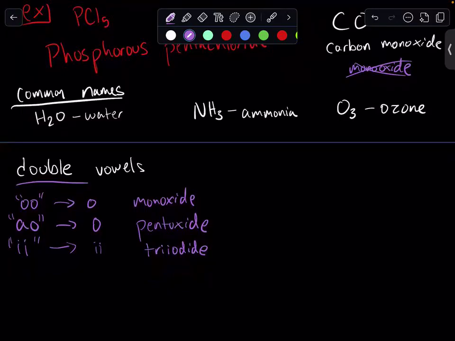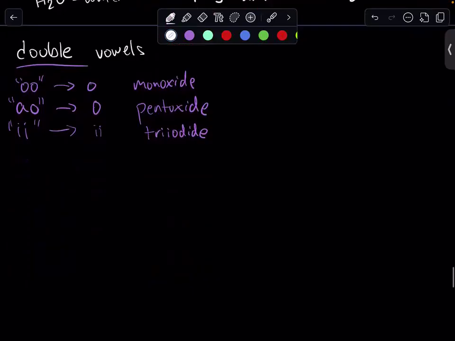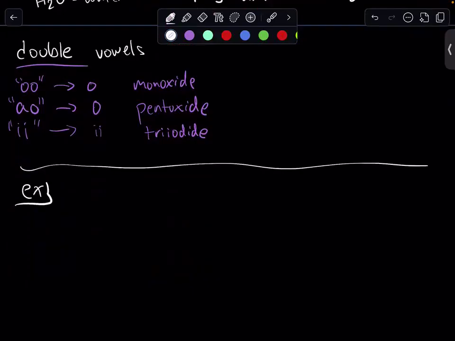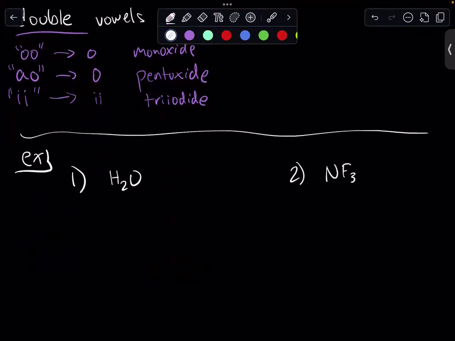So there's a bunch of things to do to practice this. My suggestion is just practice as much as you can. So let's do some examples and you can try them yourself. You can try drawing H2O. You can try drawing NF3.